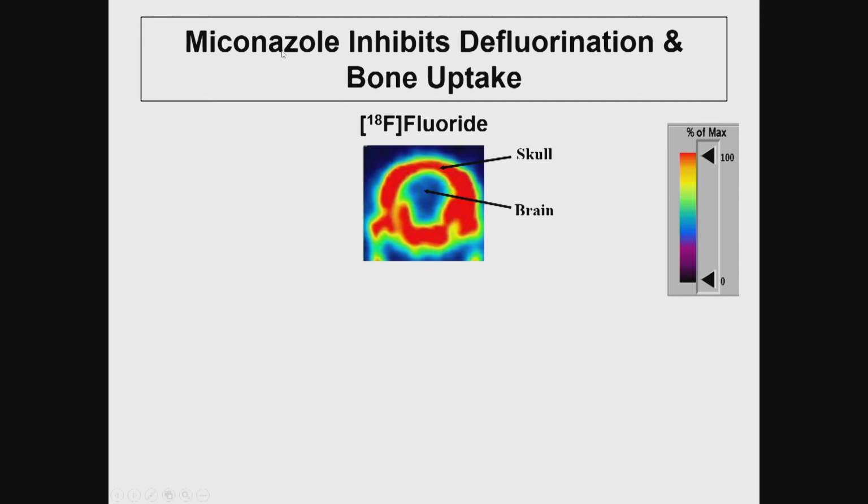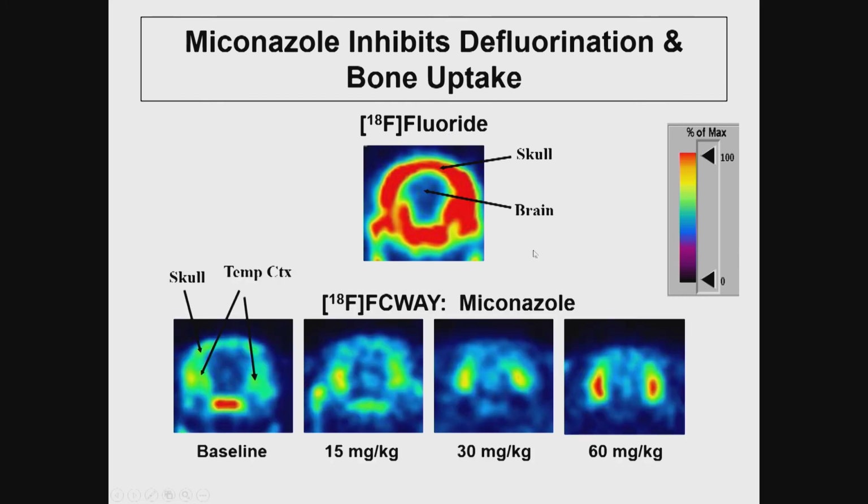Miconazole is an antifungal agent. It's also advertised as quick-acting Tinactin, and it's a potent inhibitor of CYP2E1. This looks at the uptake of fluoride ion if a rat is injected with F18 fluoride ion. In this case, down below, we've injected F18 FC-Way, and initially there is a lot of uptake in the skull, particularly the base of the skull, which is thick in a rat and in a human.